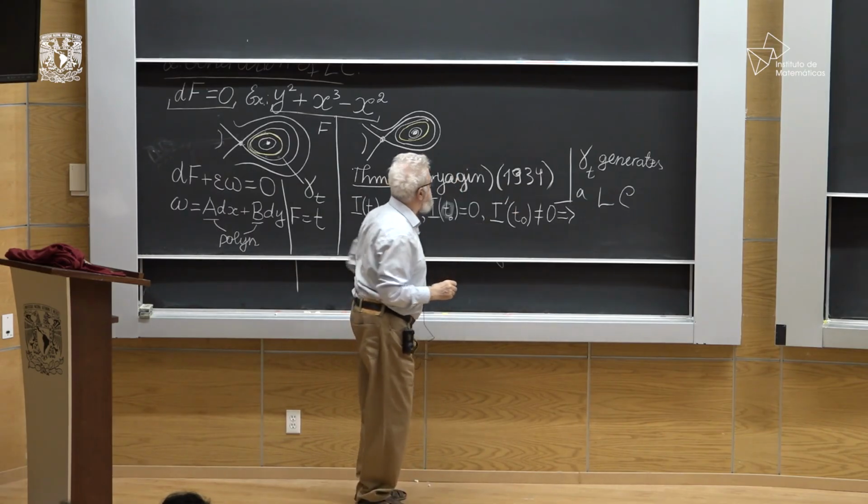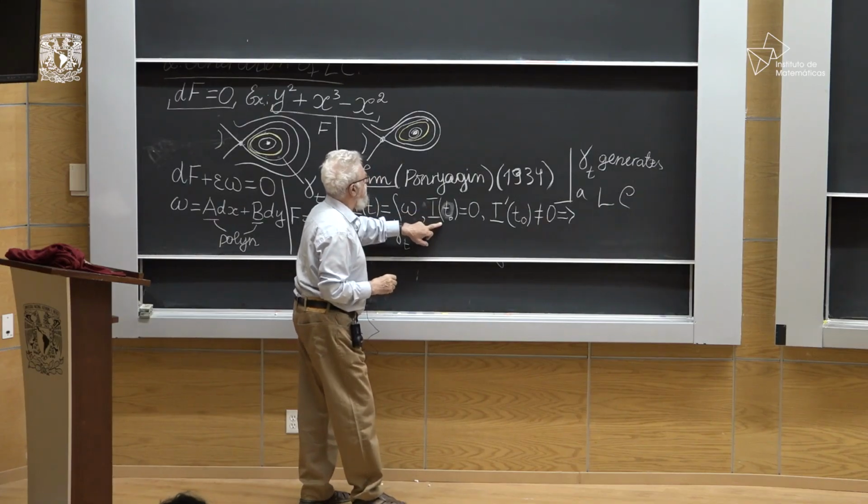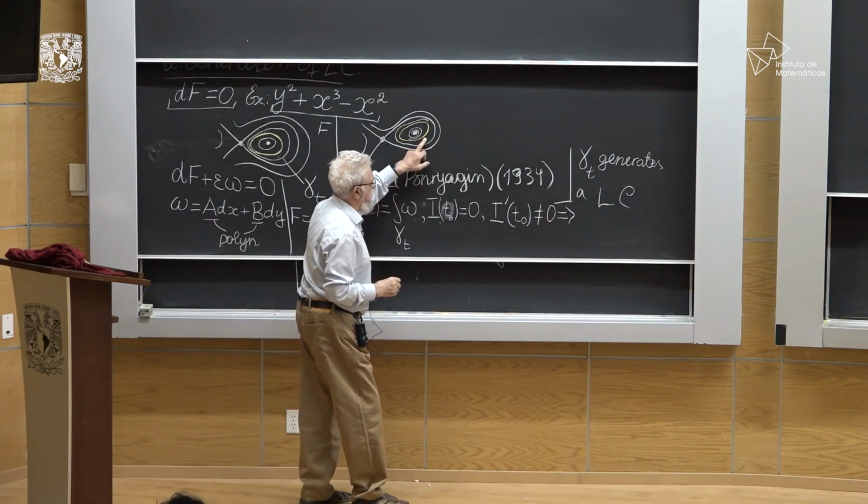So how to distinguish the yellow cycle? Take this integral, look whether it is 0, and then proceed.